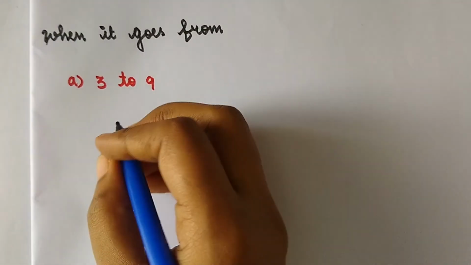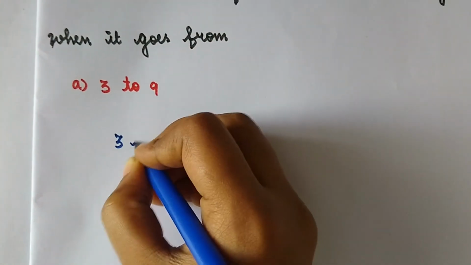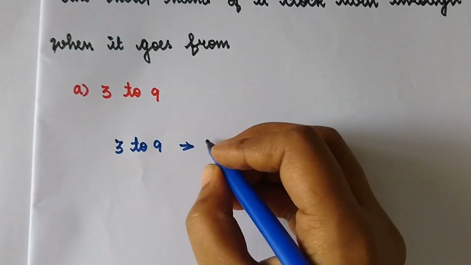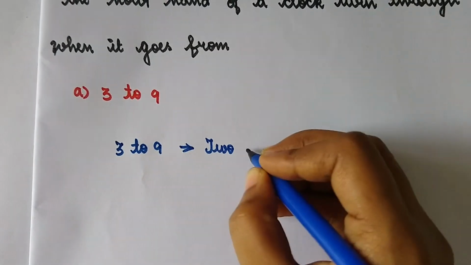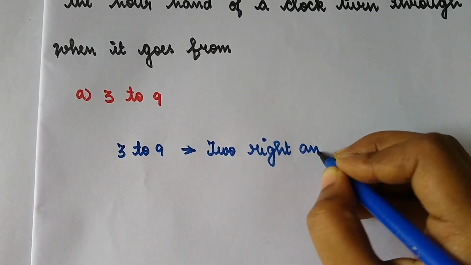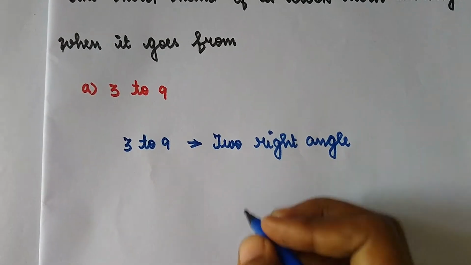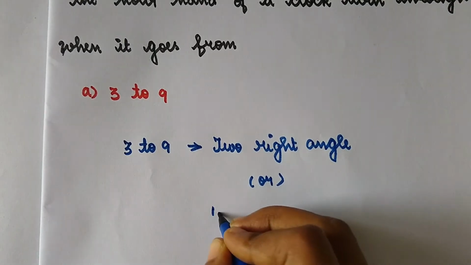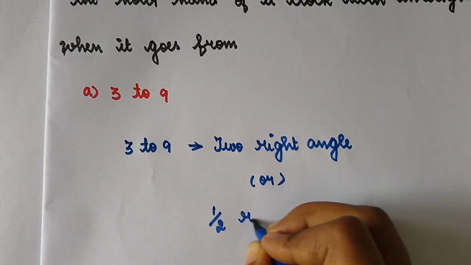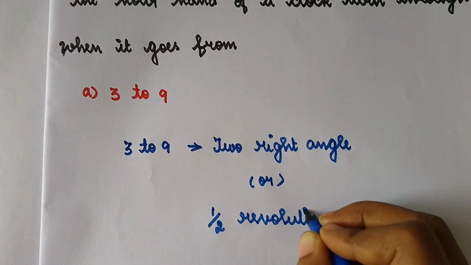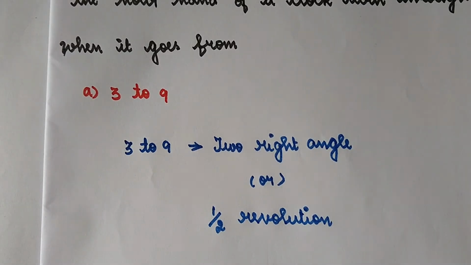So 3 to 9 means we get 2 right angles, or we can write half revolution. Okay, are you clear?